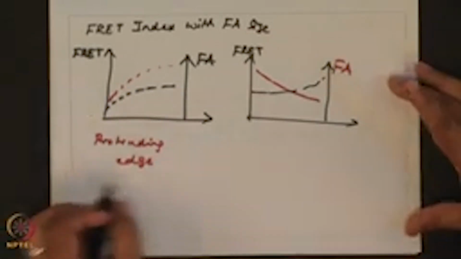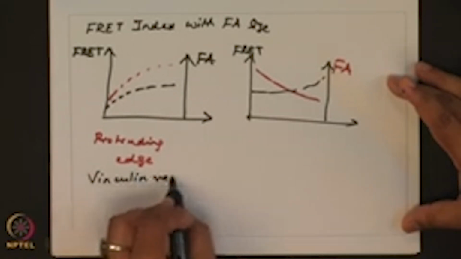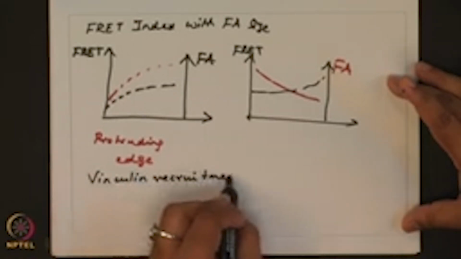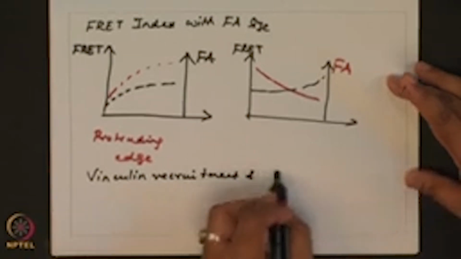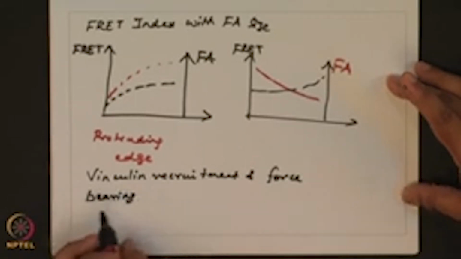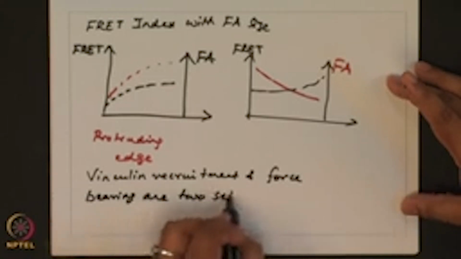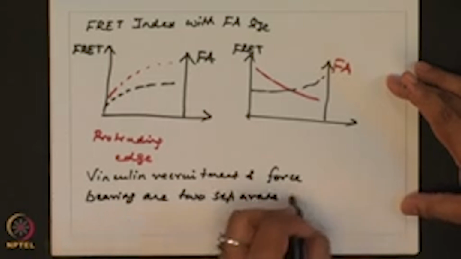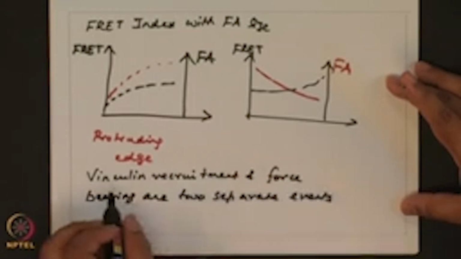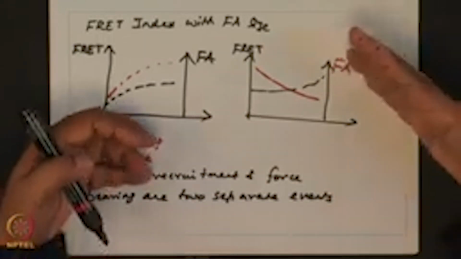So, these suggest that vinculin recruitment and force bearing are two separate events. This is a major difference in the two portions of the cell. So, this concludes our discussion of FRET.